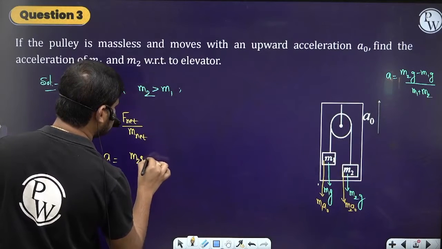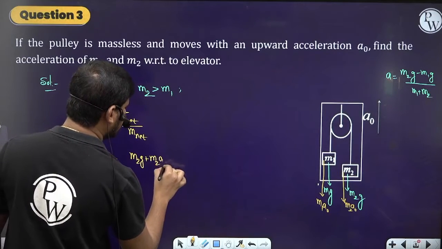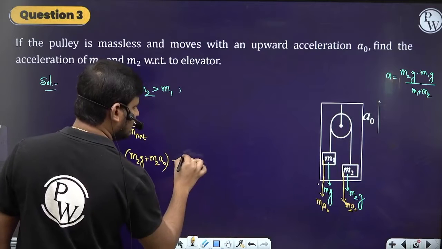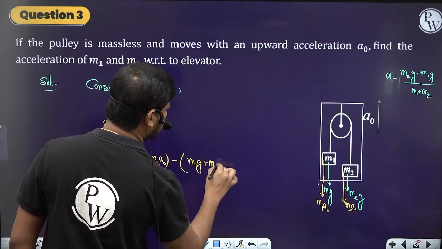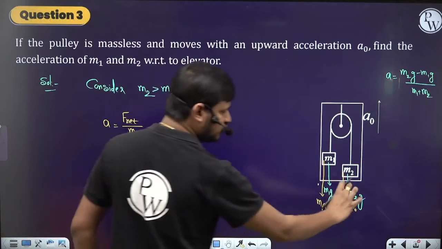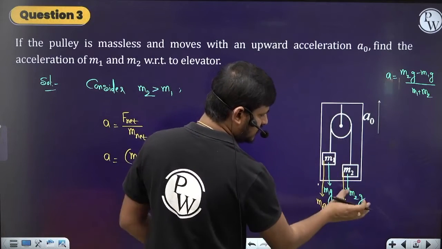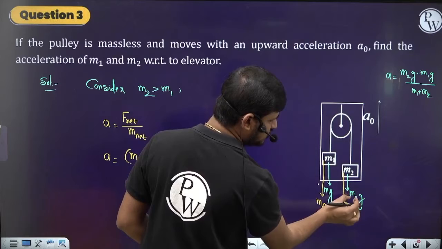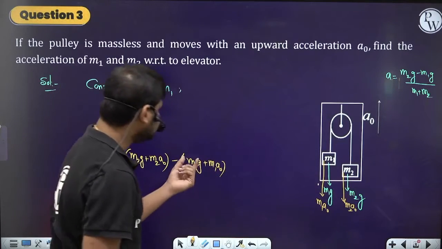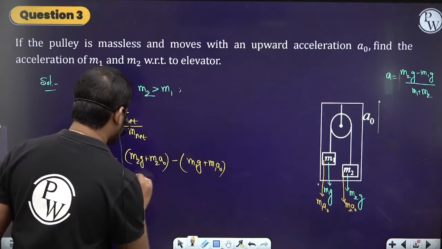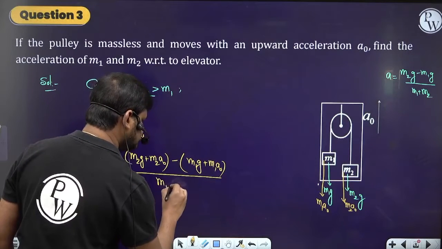M2g + M2a₀ − (M1g + M1a₀). This concept is clear? This whole thing minus this whole thing means we have to add these two: M2g + M2a₀ − M1g − M1a₀, divided by the whole mass, which is M1 + M2.